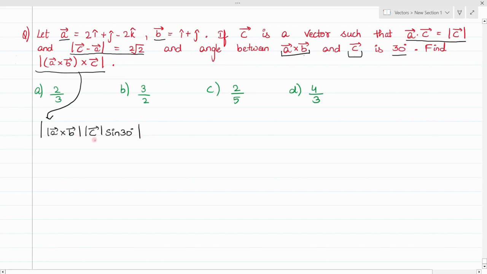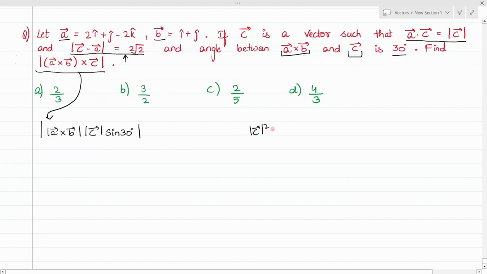But before that, do we know the magnitude of C vector? No, right? So let us first find out that. So let's use this condition. From here we can write it, let's do squaring on both sides.